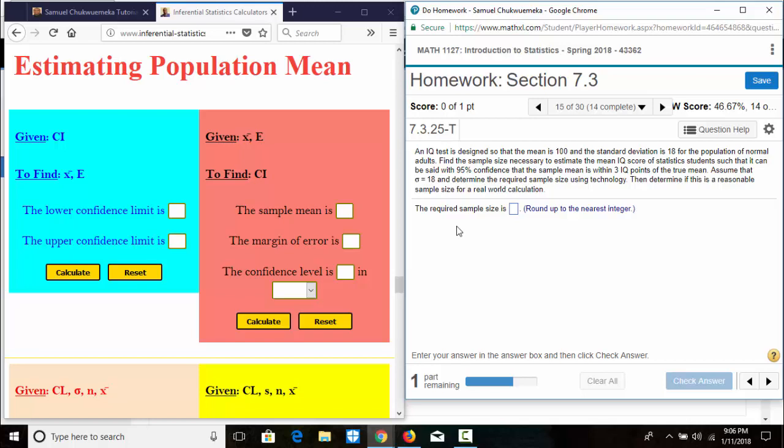Assume that the population's standard deviation is equal to 18 and determine the required sample size using technology. Then determine if this is a reasonable sample size for a real-world calculation. For the sample size, you cannot use Statcrunch anyway. You're going to use my calculator.